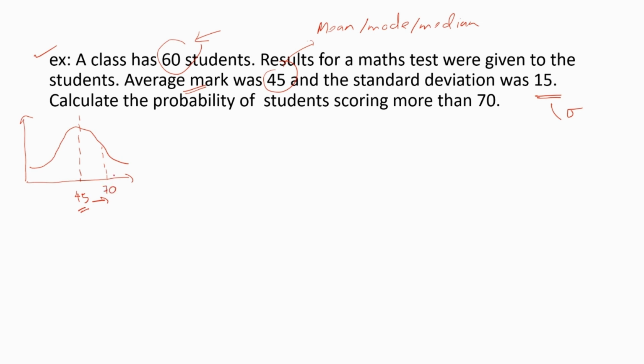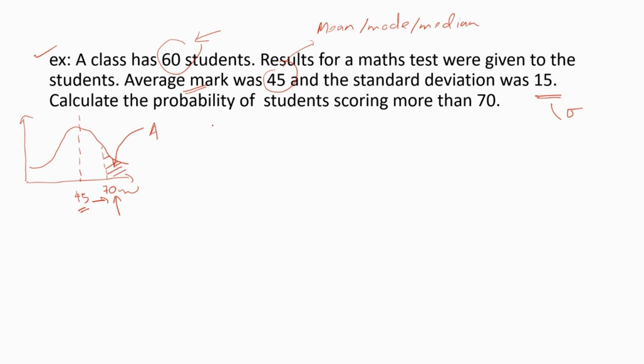What we have to find is this area, because this is the area which represents more than 70. This is the 70 and all of this area represents the more than 70 mark. So what we have to find is this area, let's say A.